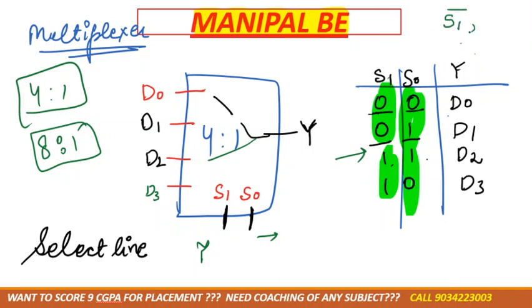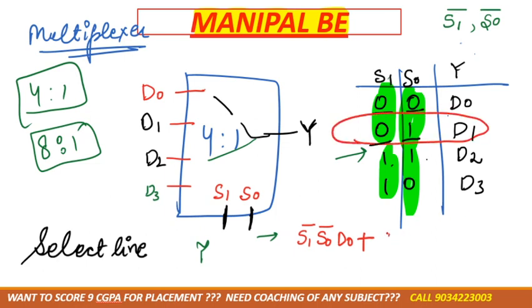And S0 is also 0, so we represent it by S0 bar. So we can write here S1 bar, S0 bar and D0. Then plus, for the second one, similarly we'll have S1 bar, S0 and D1, right? Now you tell me for the third case.